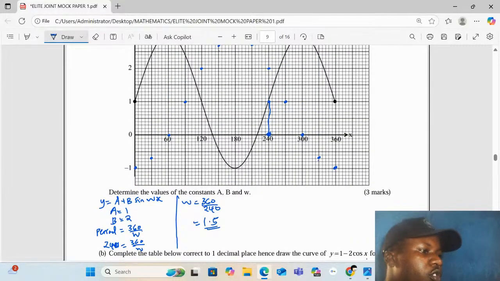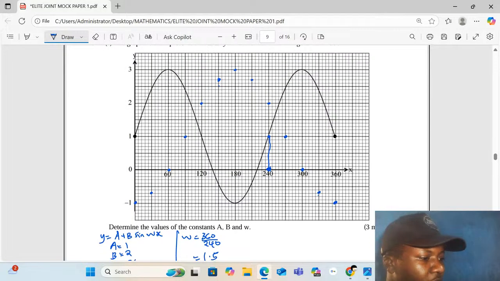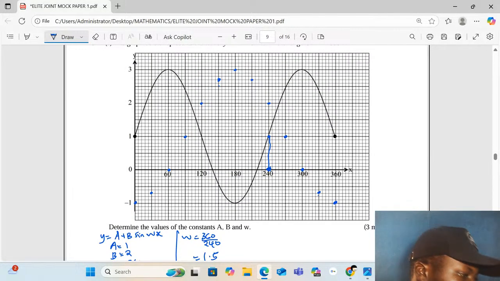Now you draw your smooth curve using your free hand.